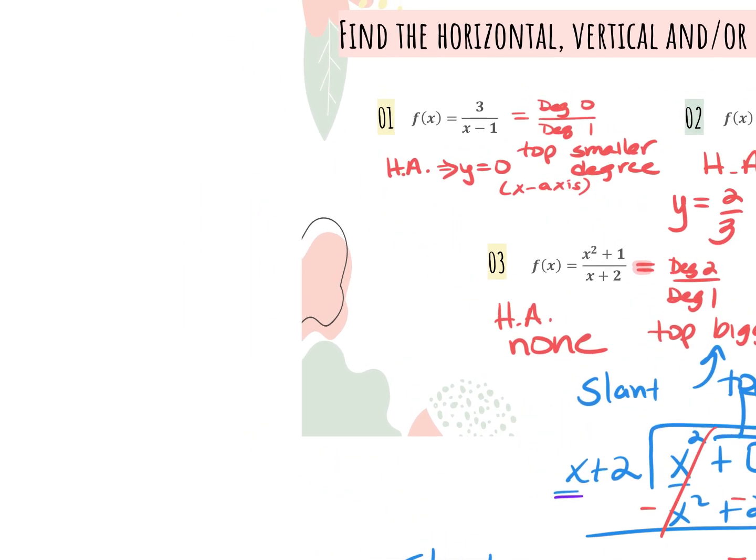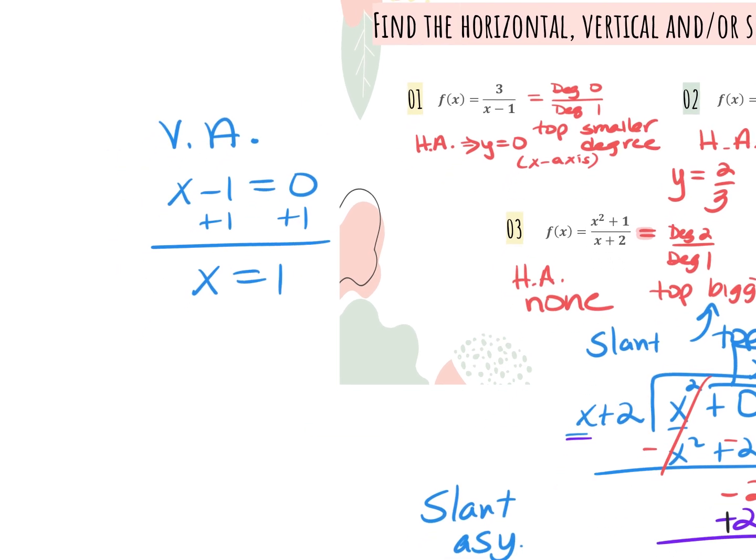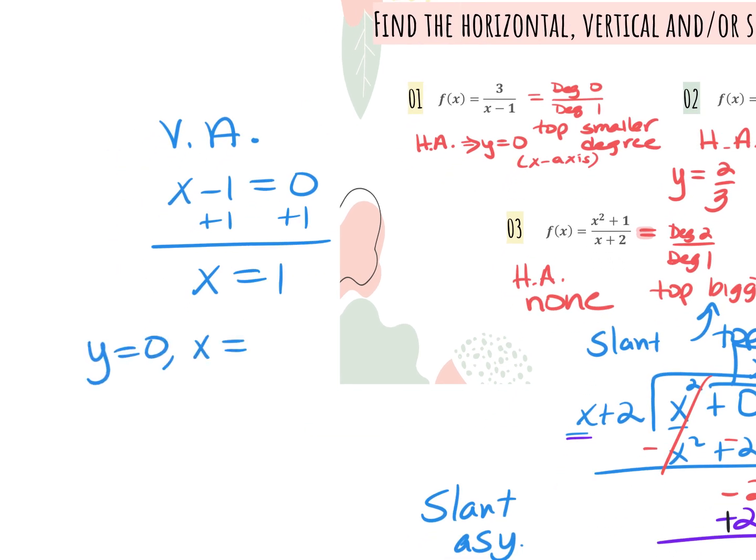So for my vertical asymptote, all I'm going to do is take x minus 1, set it equal to 0, add 1, and my vertical asymptote is x equals 1. So for WebAssign, you would enter y equals 0, comma, x equals 1. So you're going to enter them as an equation, and you're going to separate them with a comma.